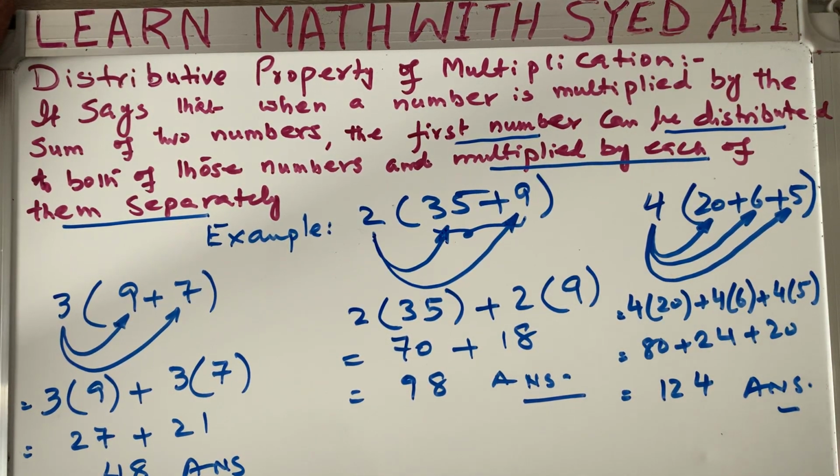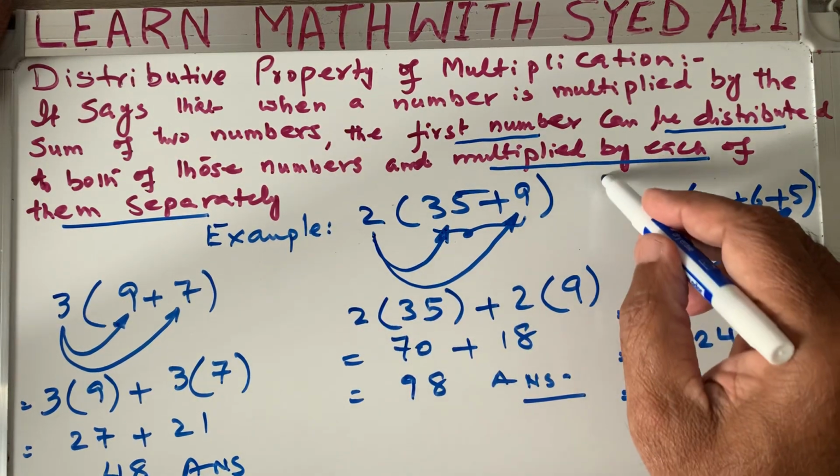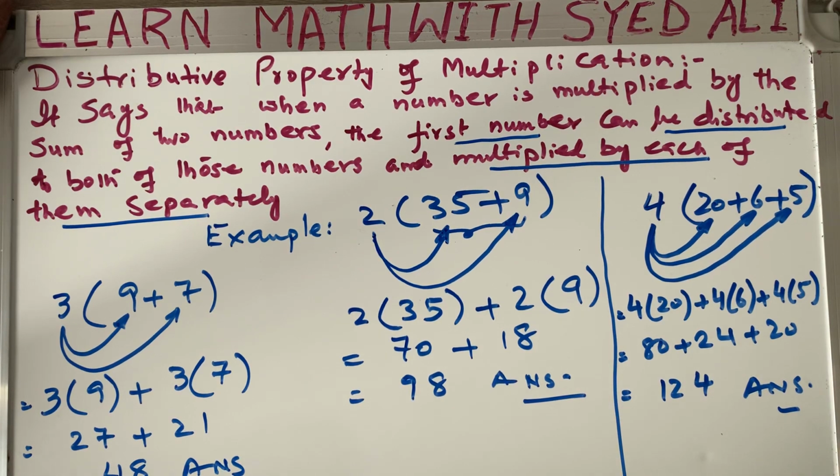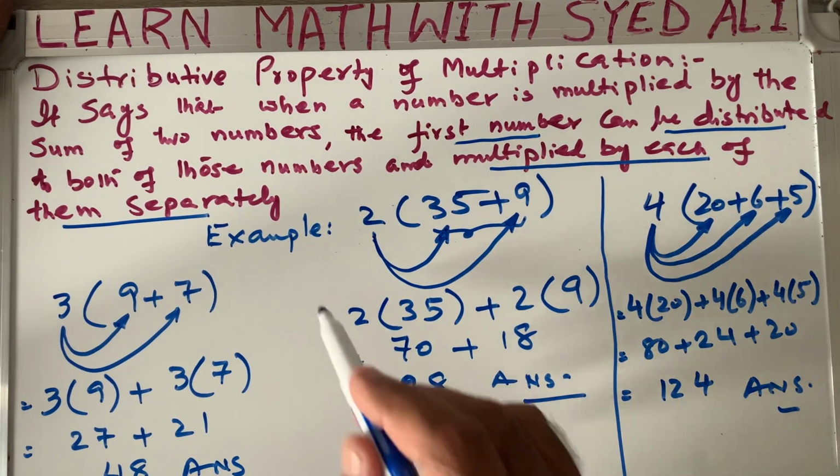Again, one more time, I will repeat the definition for you. The distributive property of multiplication says that when a number is multiplied with the sum of two numbers, the first number can be distributed to both of those numbers and multiplied by each of them separately.